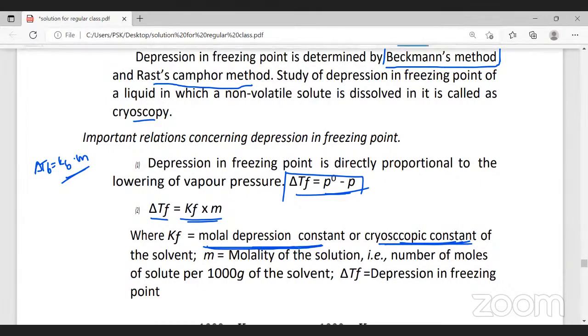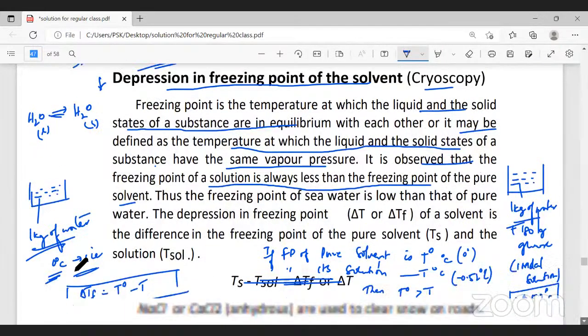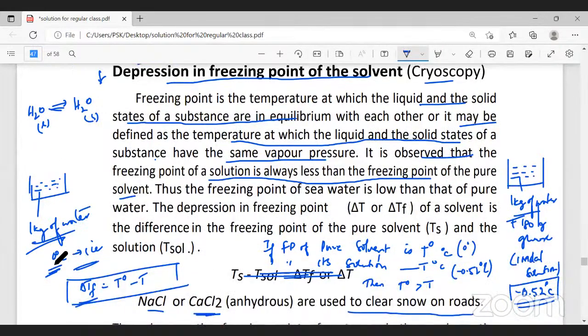Now, molar depression constant I already taught you. See here, 1 kg of water we take and the freezing point is 0 degrees Celsius. We take 1 mole of solute, a 1 molal solution, then the freezing point is minus 0.52 degrees. So the decrease in temperature observed when a 1 molal solution is taken is called the depression in freezing point.